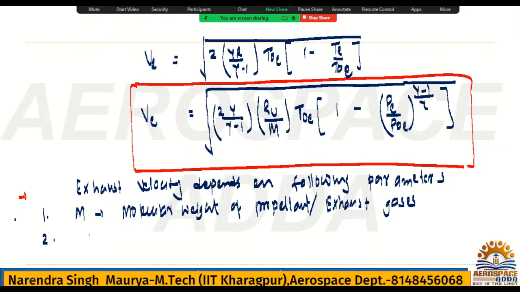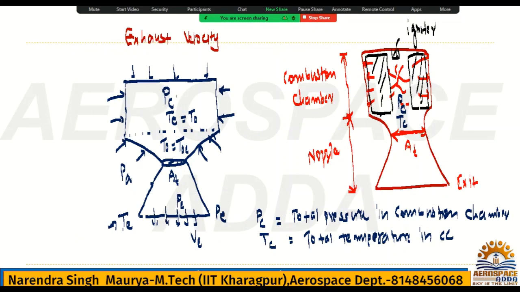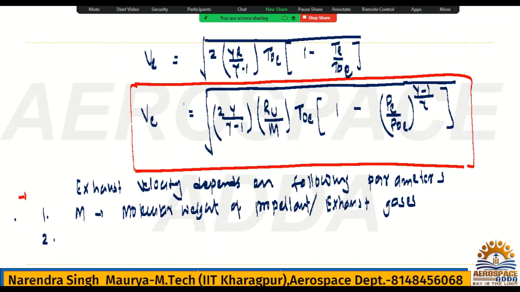P naught E is also PC, the combustion chamber pressure, because the velocity there is negligible, so whatever the static value is will be the stagnation value.